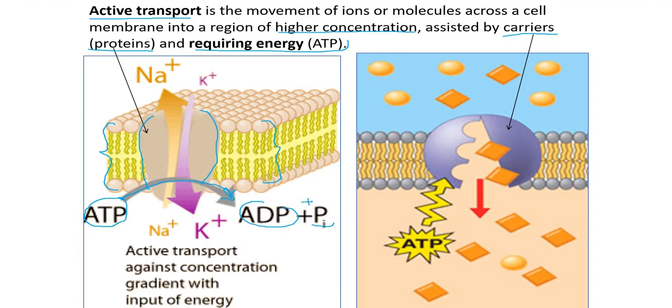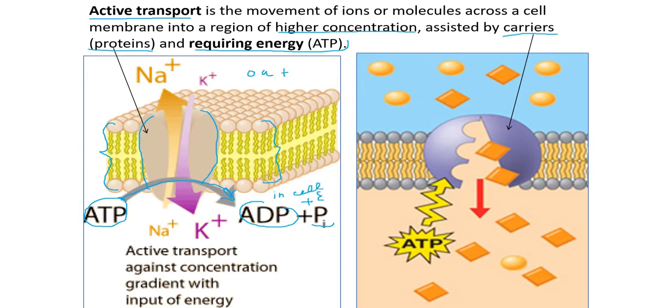And during this process, energy from the ATP molecule will be released, and it will be used to move sodium and potassium in our example. So this is outside of the cell, and this is inside of the cell.